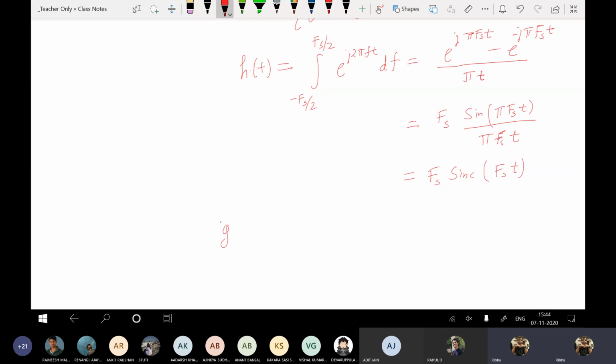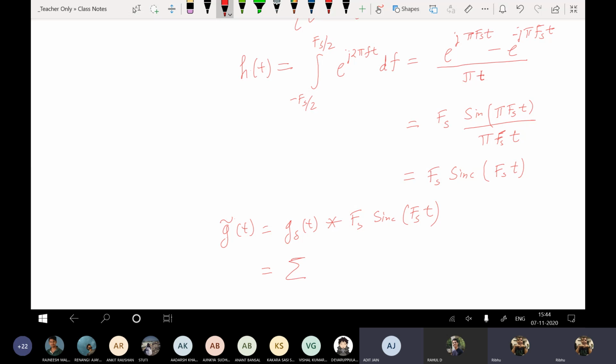So g tilde(t) equals g delta(t) convolved with Fs sinc(Fs t). Fine.